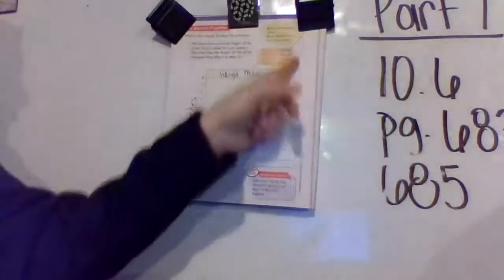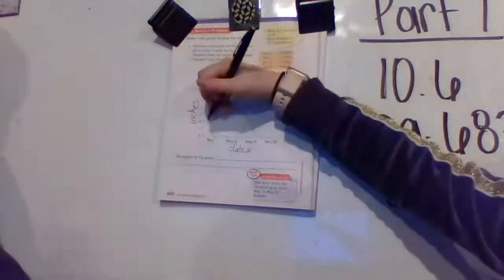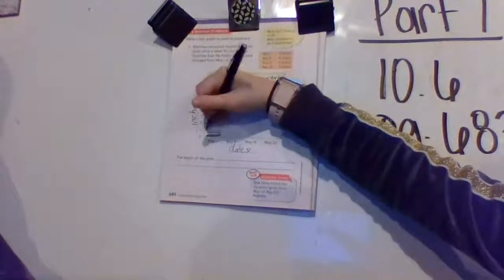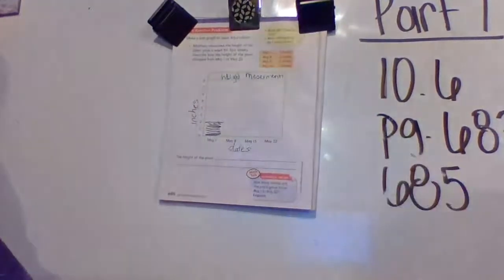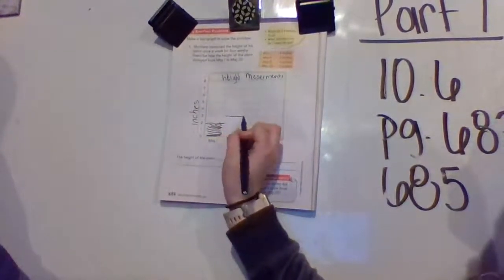So now we can plug in the data. Look up at our data up here. On May 1st, it measured 2 inches. So for May 1st, we're going to draw a line at the 2 and shade down. For May 8th, it was 3 inches. So we're going to draw a line at the 3 inches and shade down.